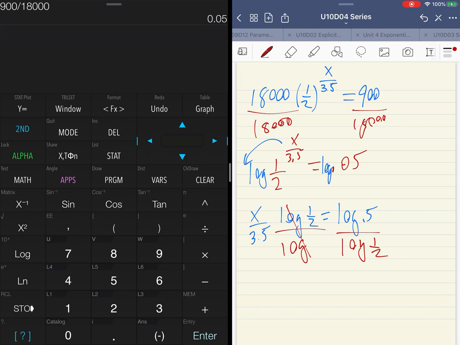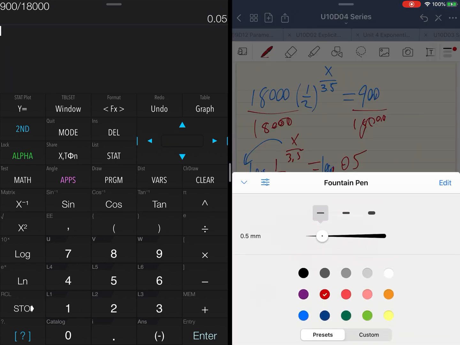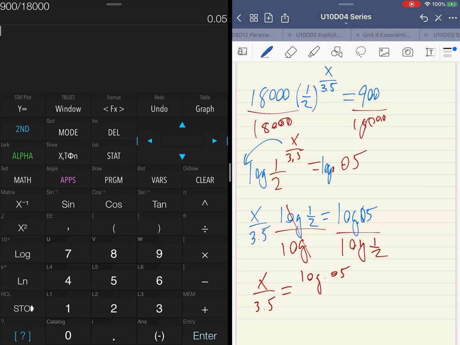That cancels that out. So now I have x over 3.5 equals log of 0.05 divided by log of 1/2. I left out a zero before; this should be 0.05.